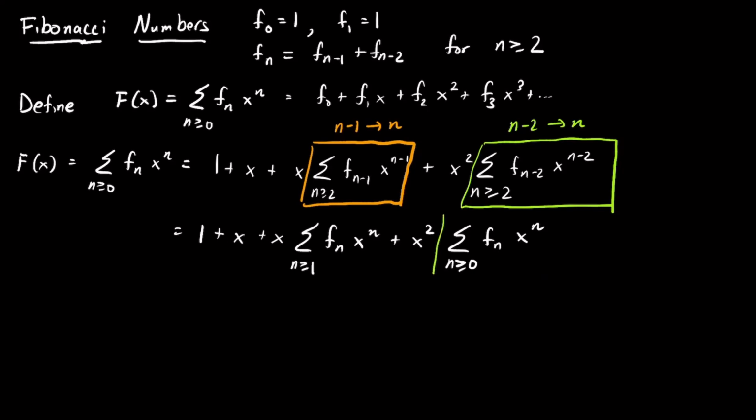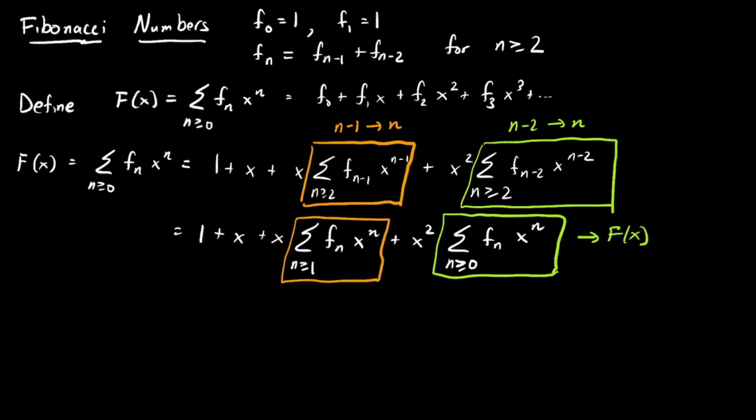Well, the first thing I notice is that this one right here is just f of x. This is my original series, f of x. What do I notice about the second one? This one is just f of x, but I've chopped off the n equals 0 term, so I've chopped off 1. Okay, so what am I looking at here?